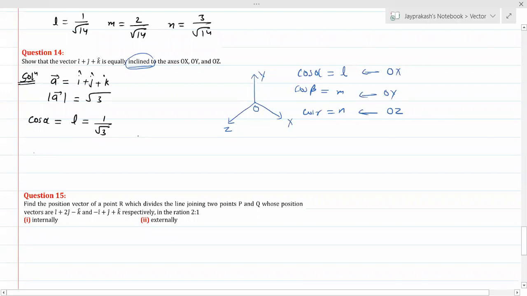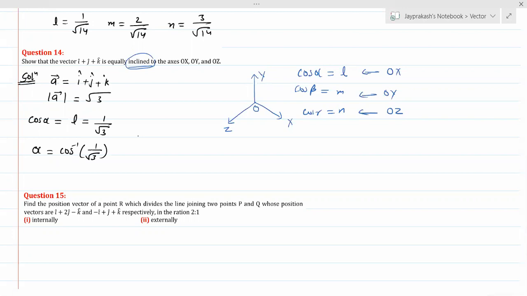So we can write cos alpha equals 1 by root 3, so alpha is cos inverse 1 by root 3. Now we know the table of values for 0, 30, 45, 60 and 90, but we don't know for which angle we get the value 1 by root 3. So we leave it here. This is the cos alpha.